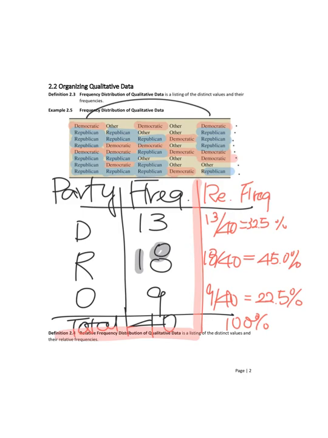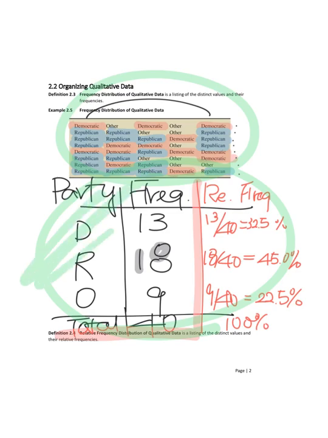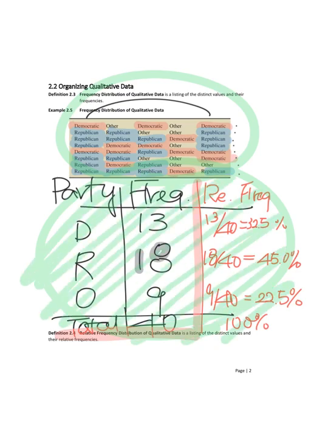The first one and the second one. Which one is better for you? Which one do you like? Absolutely the second one. Yeah, it is the summarized, organized. Simply we can see how many Democrats, how many Republicans, right? Yeah, so it is the beginning of statistics.